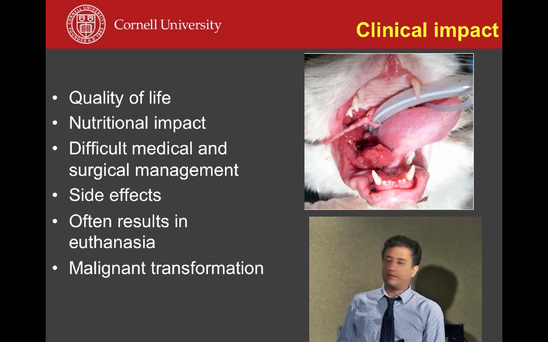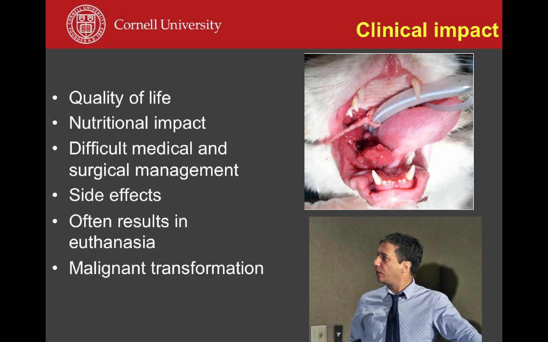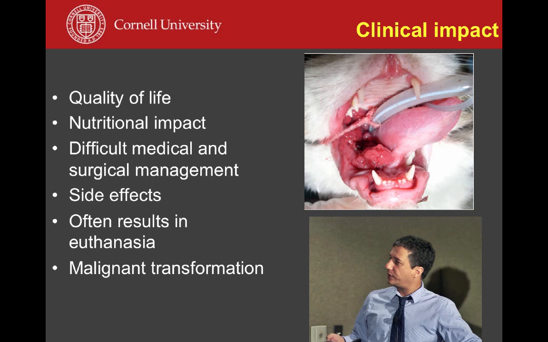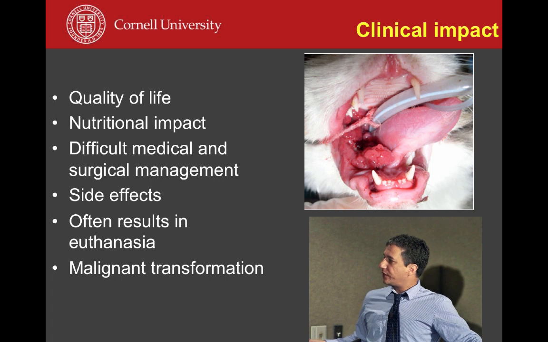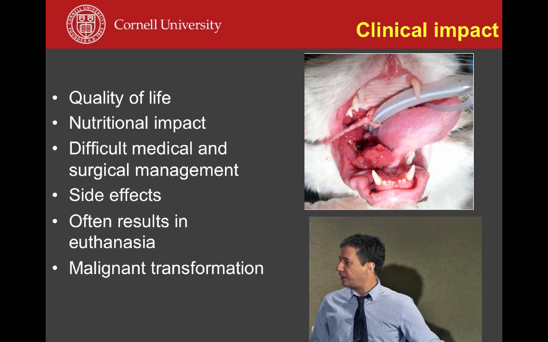They sometimes feel very, very hungry, but are so painful they can't even pick up the food or chew or swallow. It is a disease that is very difficult to manage medically and surgically. Medical management is also associated with a lot of side effects, especially if steroids are being used as part of the treatment plan. And unfortunately, this disease very often results in euthanasia of affected animals.